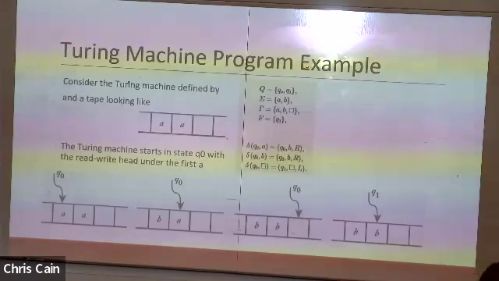I'm not totally sure how to work with that part. Where will it move to, if at all, if we didn't define that transition? If there's no defined transition, it rejects in a halt state. So basically you get halted in a final state or halted in a non-final state.